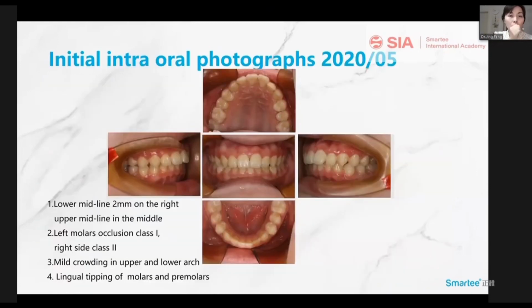Okay, the initial intraoral photos, not too much crowding, but you should notice this, the upper left lateral is palatally displaced, and that may be the main cause of the lower jaw moving to the right, so the midline of the lower dentition shifts to the right side.